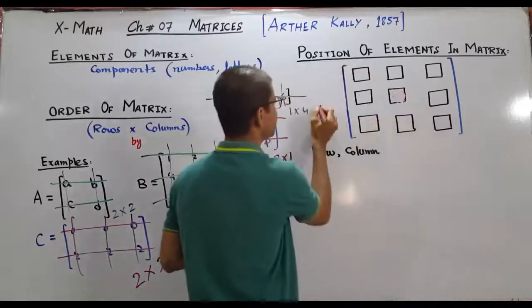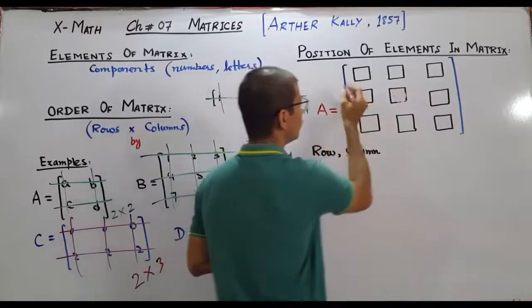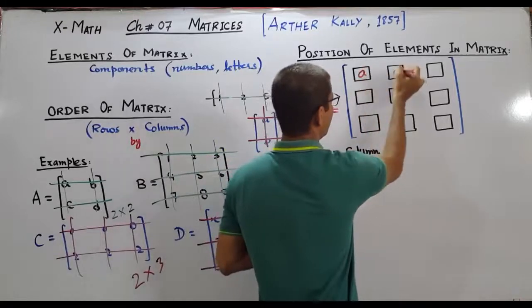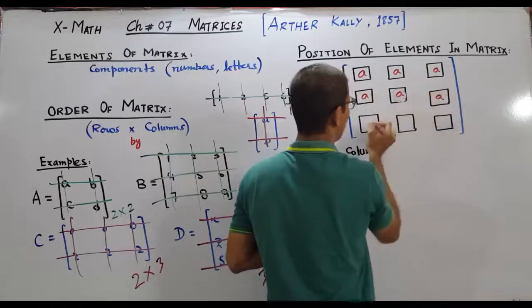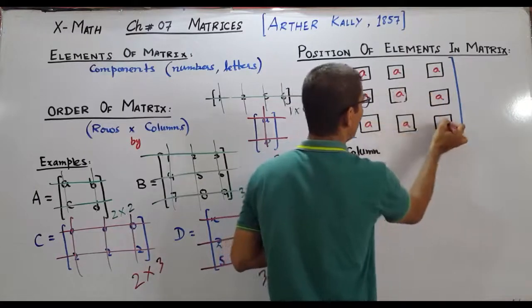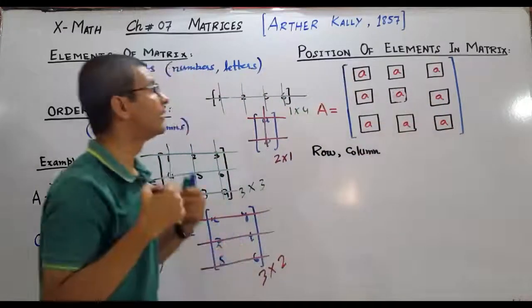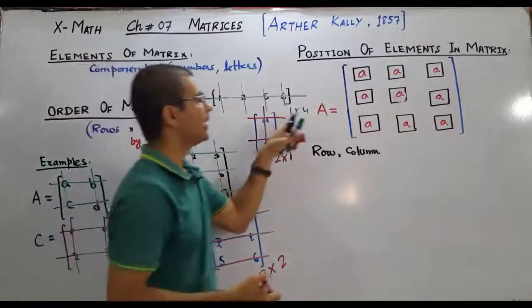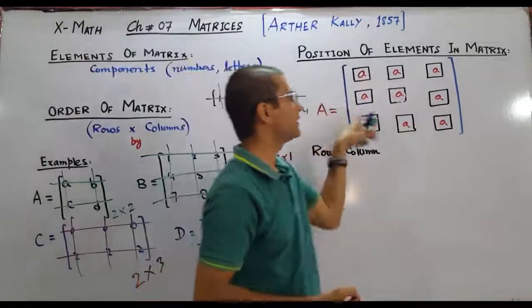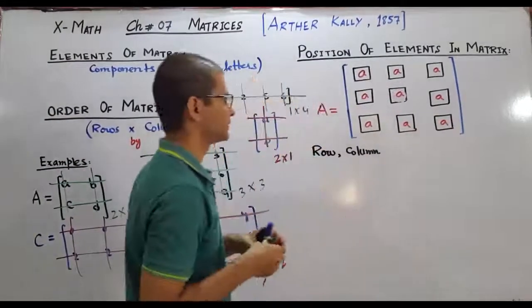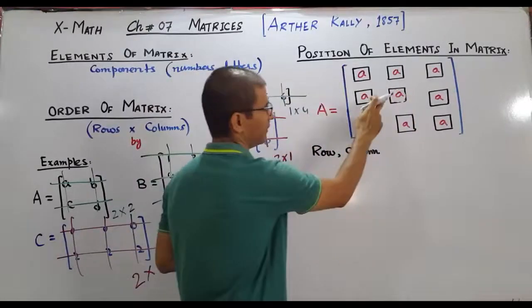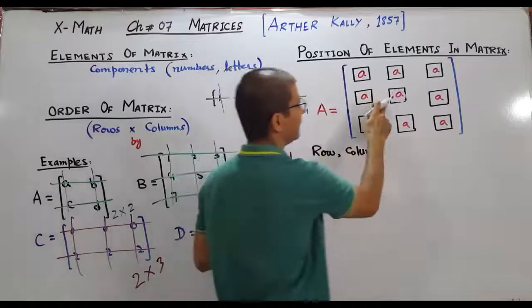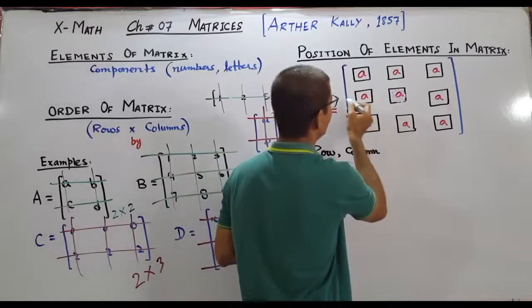Let's suppose this is matrix A. So we will write A in every box. This is the general way of locating the position. If this is matrix B, then we will write small b in every box. What is the position of this box? First observe the row.